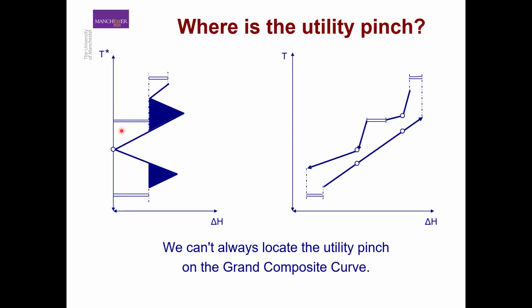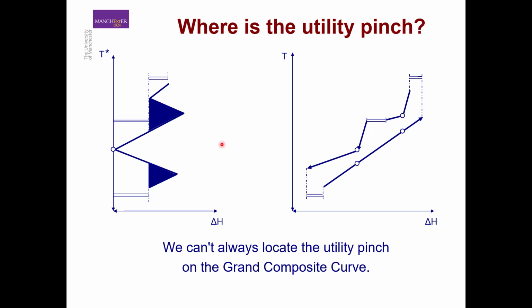Like here, for example, we can see in the grand composite curve, the utility is there, but actually we cannot see how far it is from our other utility pinch, okay? While in this case, we can clearly see that by adding this utility to the composite curve and making the balanced composite curve, our utility pinch is actually far from our process pinch, and also from our use of our utility itself.